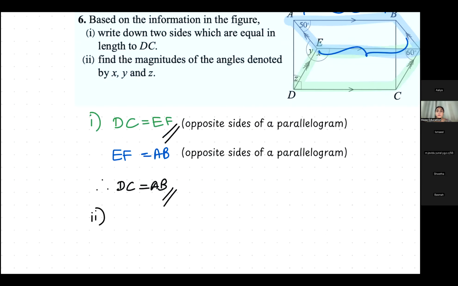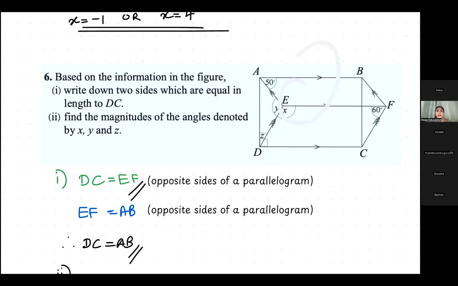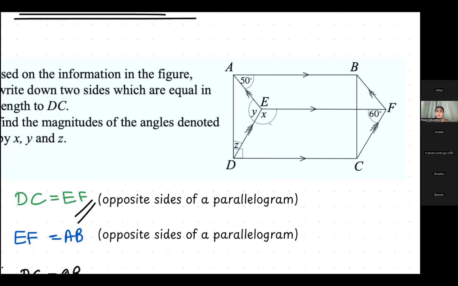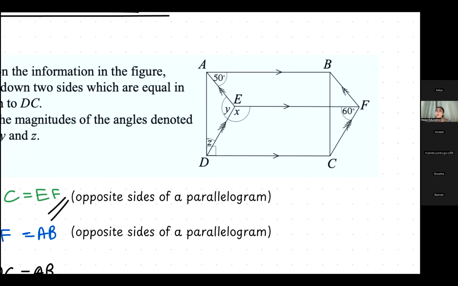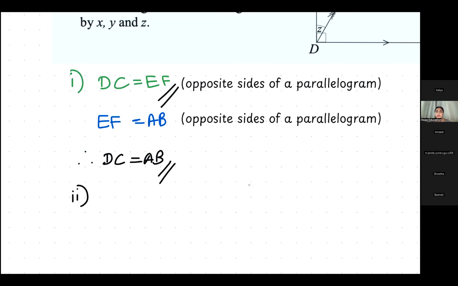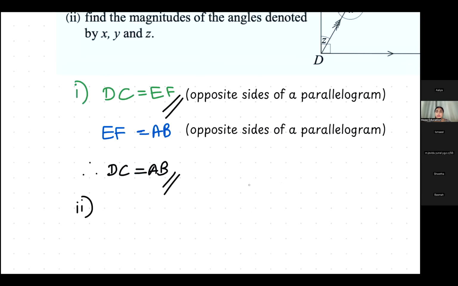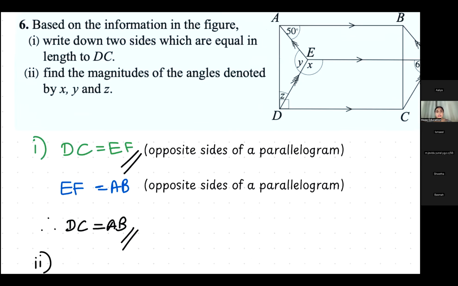Roman number 2. Let me erase this. Find the magnitudes of angles denoted by X, Y, Z. Okay. X is here, Y is here, Z is here. What is the value of X? 120 degrees, teacher. 120, correct.